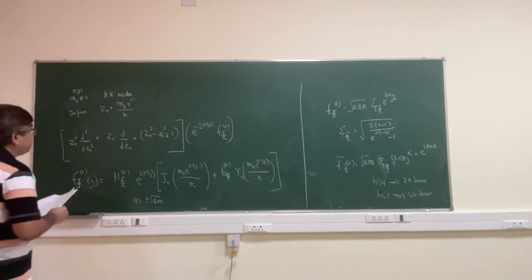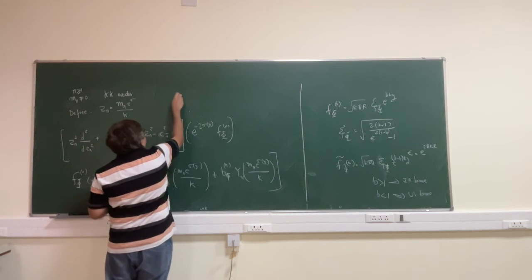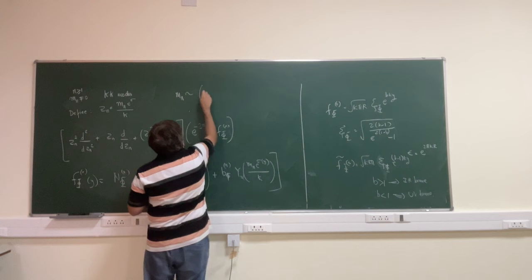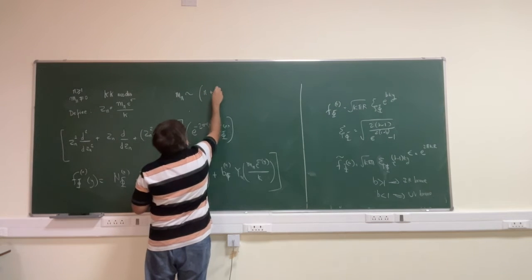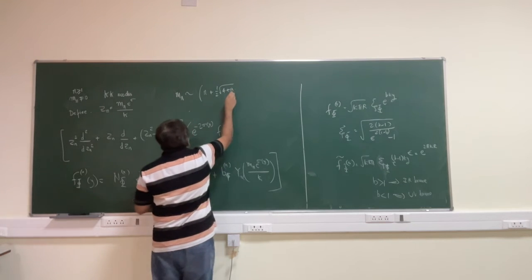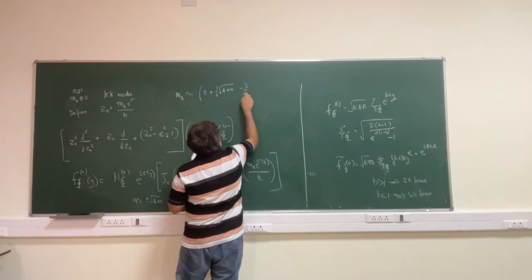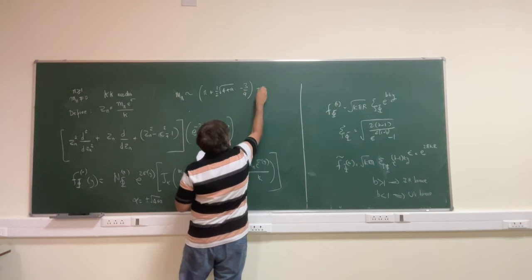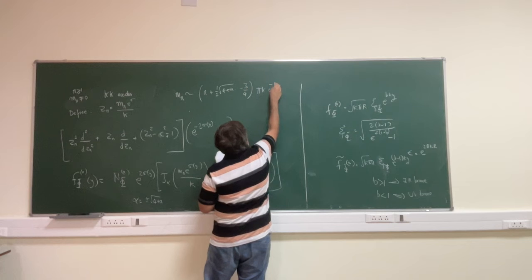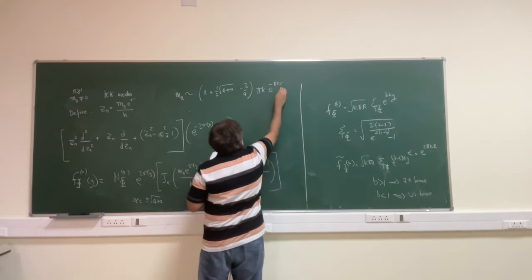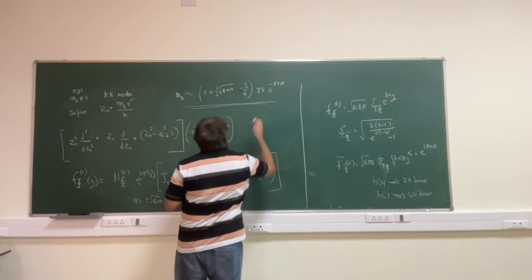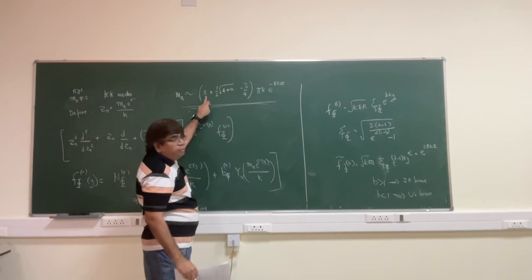So the mass spectrum roughly goes as (n plus 1 by 2) k e power minus pi k r c. So it's slightly non-uniform.